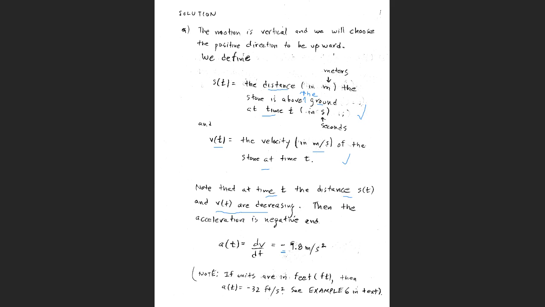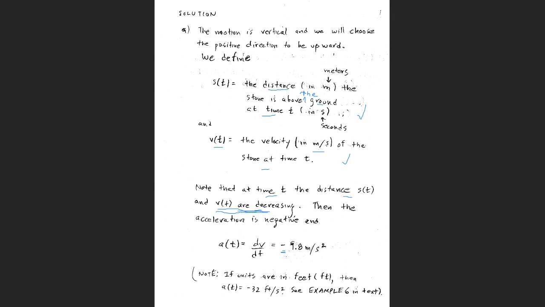Everything I said was okay, but the velocity is decreasing. I want to say this the right way. As time increases and the stone's falling, is the stone going to be picking up speed, or decreasing in speed as it's dropping from the tower?